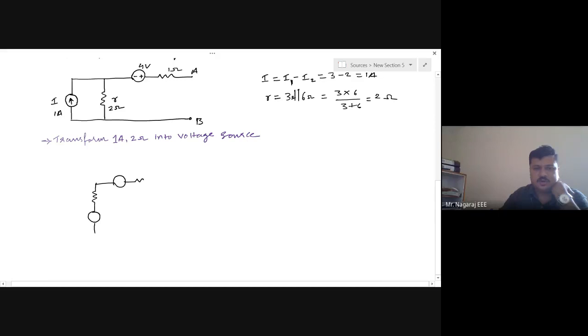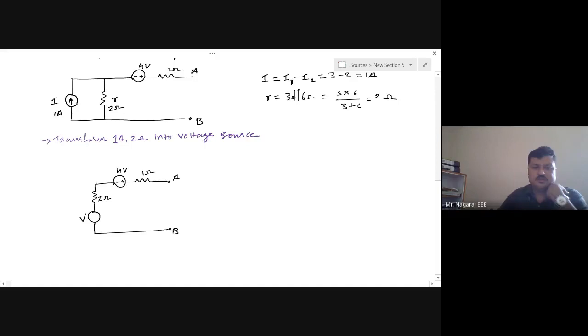This is 4 volt, 1 amp, 1 ohm as it is. Two ohm will remain as it is.